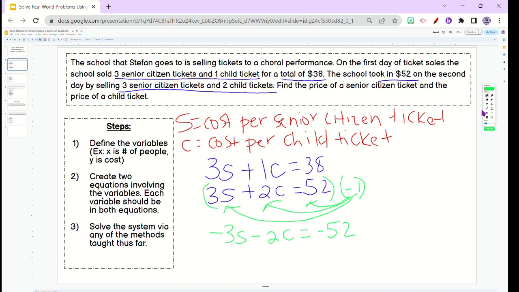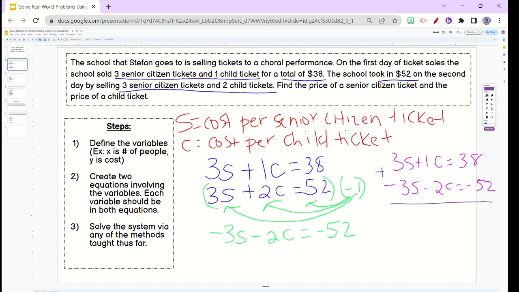All right, and now I can go to the side here and I can solve. So 3S plus 1C equals 38. And then I'm going to put in negative 3S minus 2C is equal to negative 52. And then we can go ahead and put the plus sign here and then equals, and now we can solve.